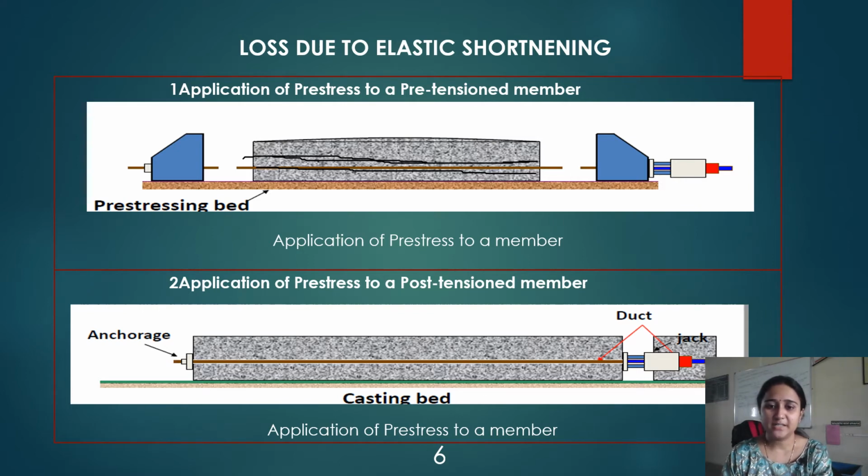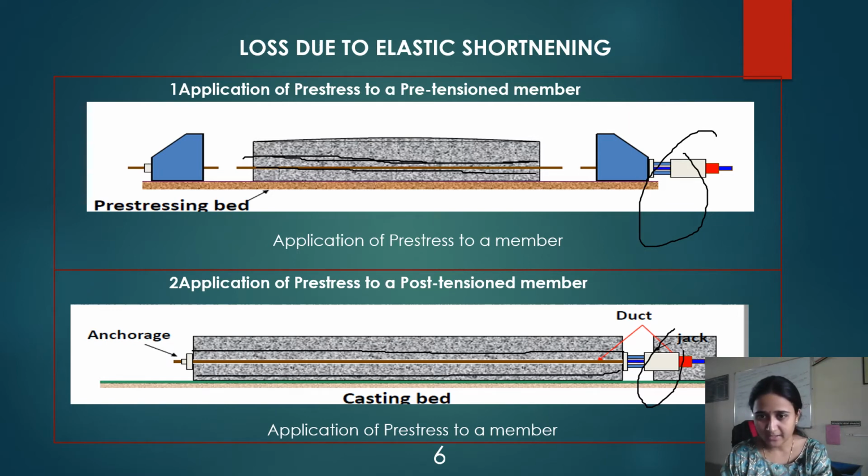Then in case of post tension member, see here we are going to apply the tensioning with the help of a jack. So this is the jack. If there are some more tendons and we apply tension to these three tendons with this jack at a time, then there will not be any loss in the post tension member.